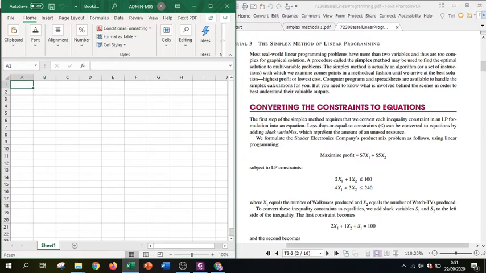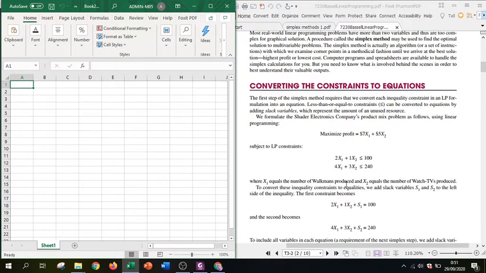A less than or equal to constraint can be converted to an equation by adding a slack variable, which represents the amount of unused resource. Now we can formulate the Shader Electronic Company product mix problem as follows using linear programming. This is the objective function and these are the constraints.